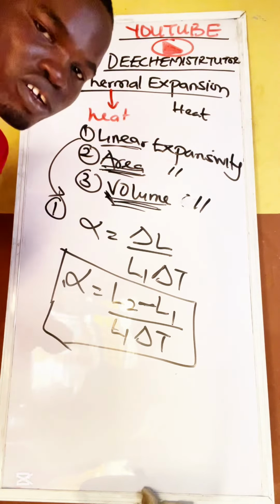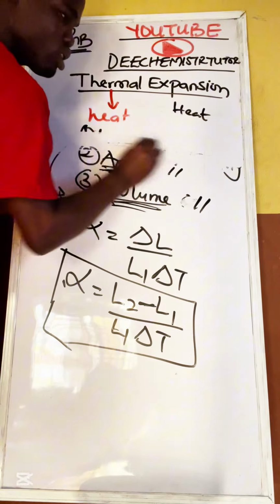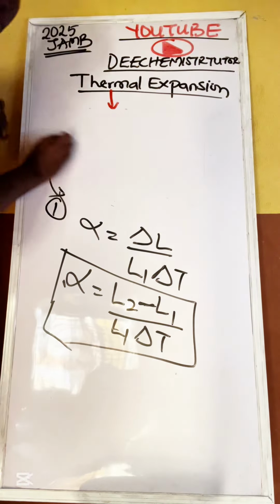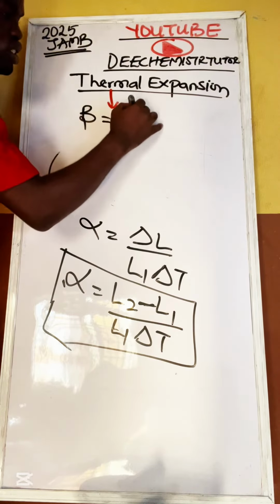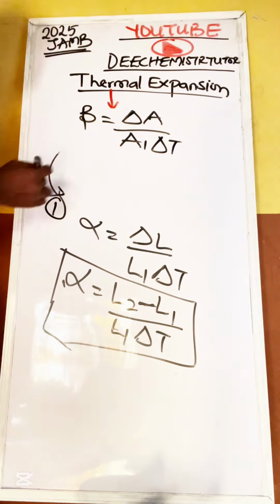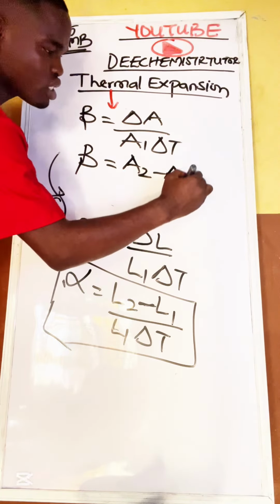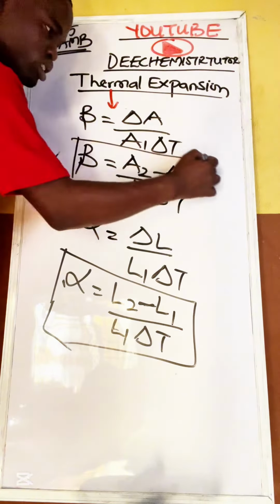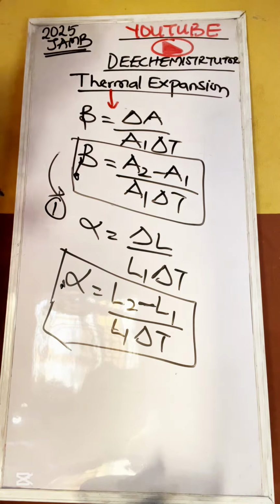Now, the same way can happen for area expansivity. So for area expansivity, it is noted with beta, which is the change in area over A1 times the change in temperature. That means beta is A2 minus A1 all over A1 times the change in temperature. This is for area expansivity. So this is linear, this is area.